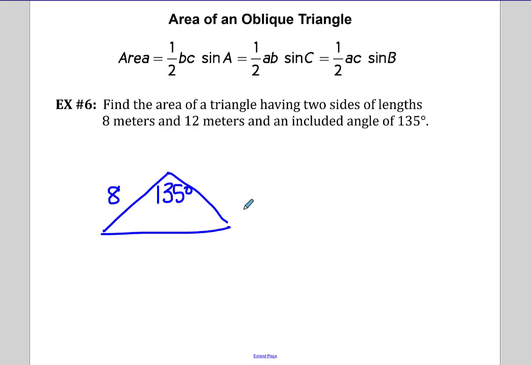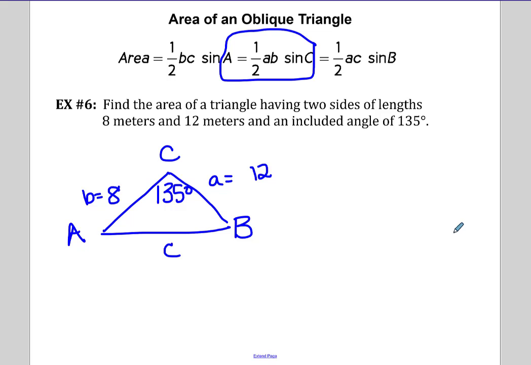So it doesn't matter whether I call this A, B, C. I could say A is 12 and B is 8, and I've got angle C. So if I had angle C, I would have to have side A and B.